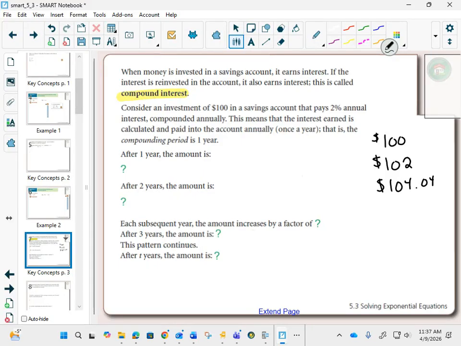So having that extra $2 in there means that the next year you got 4 extra cents. Wow. And the year after that, on the $100, you would get another $2, so you're at 106. On the $4, you would get another 8 cents. Added to the 4 cents would be 12 cents.